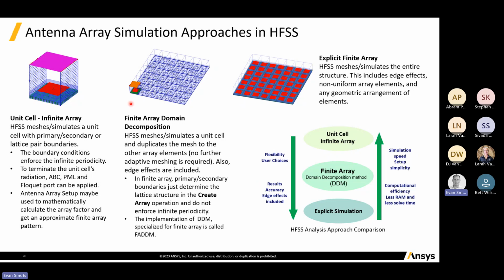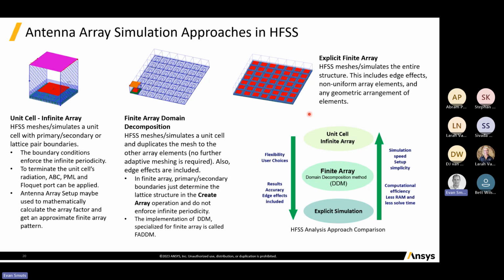Then all the solver does is account for its position in the array and how that affects its signal. Obviously the elements on the outer edge of the array will see a very different pattern to the elements on the inside of that array. So it's a very quick, efficient method compared to the next option, which is the explicit array.